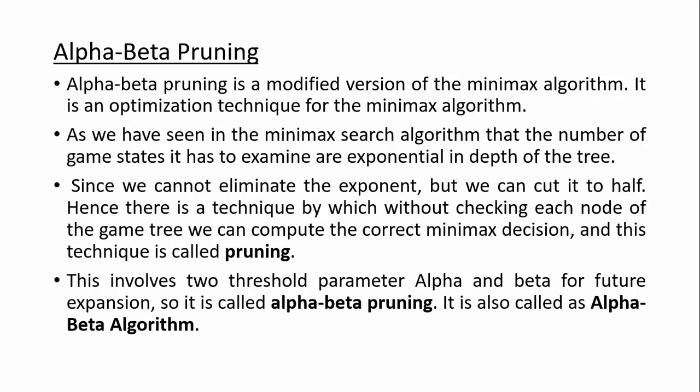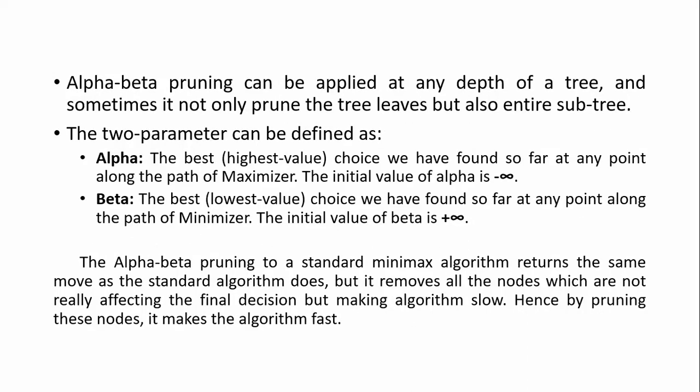That's why, on top of min max, we are using alpha beta, and for that alpha beta we apply the pruning technique. That's why we name this algorithm alpha beta pruning or the alpha beta algorithm. Let us proceed with the terminologies we already heard in the min max algorithm.